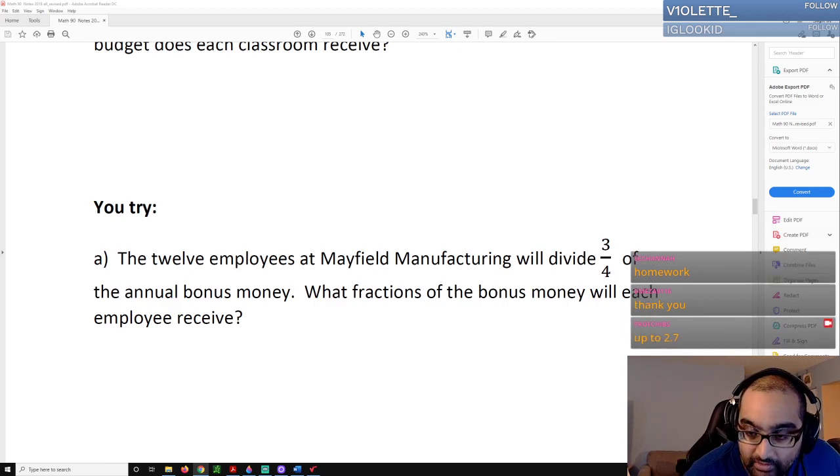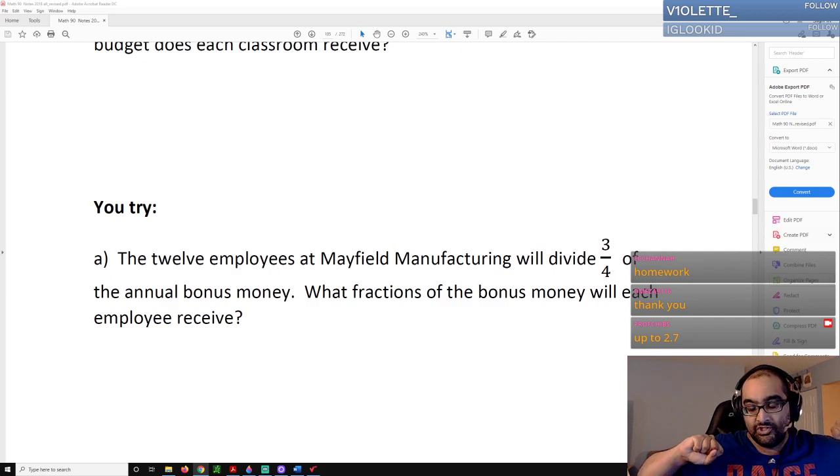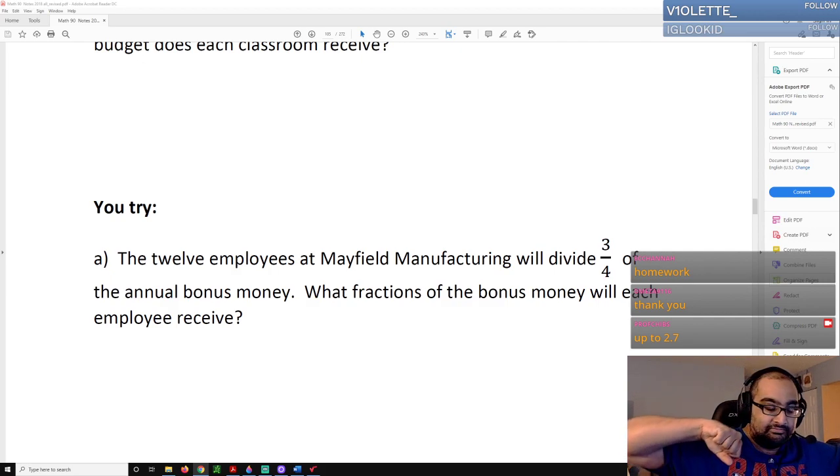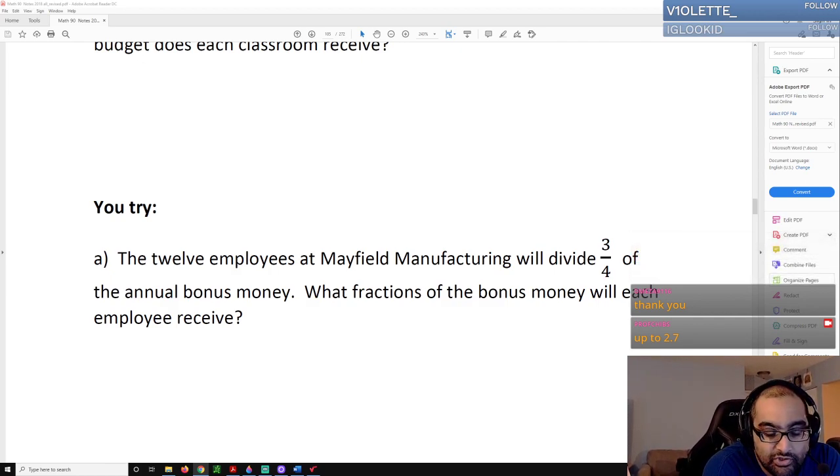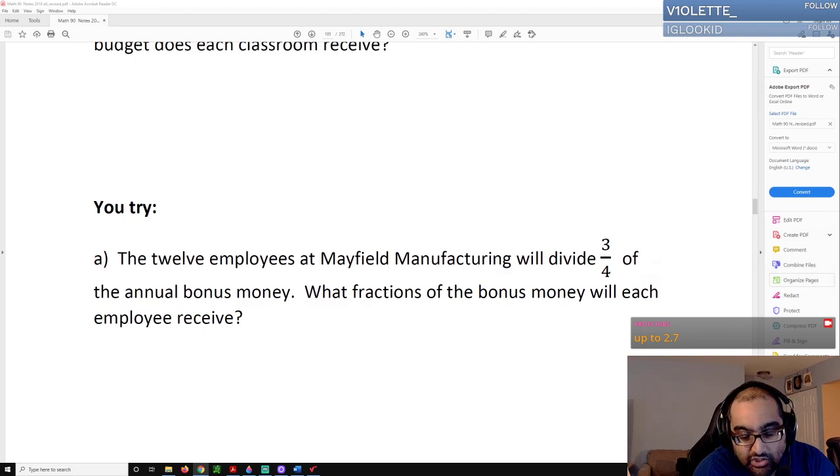So up to 2.7, so 2.5, 6, and 7 is what we have here. Section 2.8 is the last section in chapter 2, and we're going to transition right into chapter 3. So chapter 2 and 3 will go together.